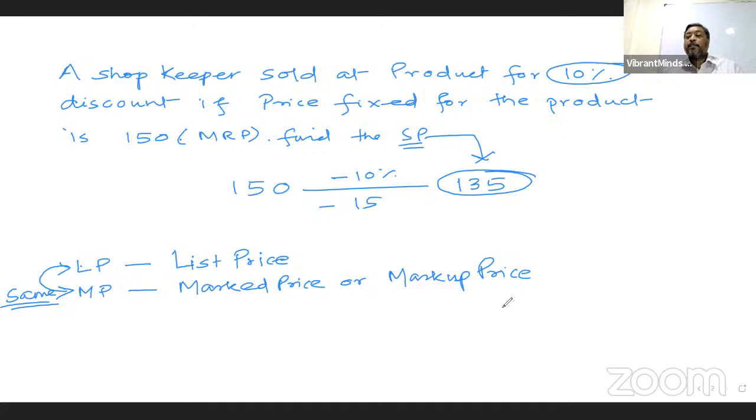List price or marked price, what it is. Understand this by a beautiful example. Now, let me change the page. Suppose I have bought a product for rupees 100.